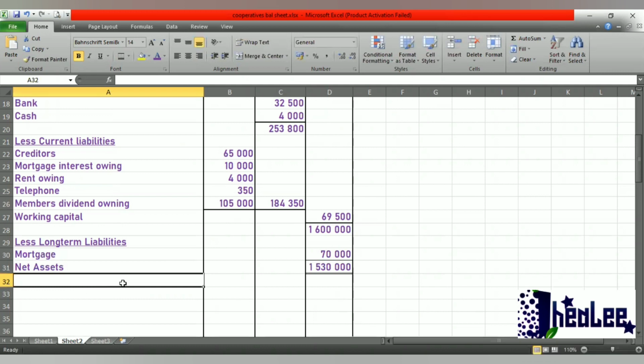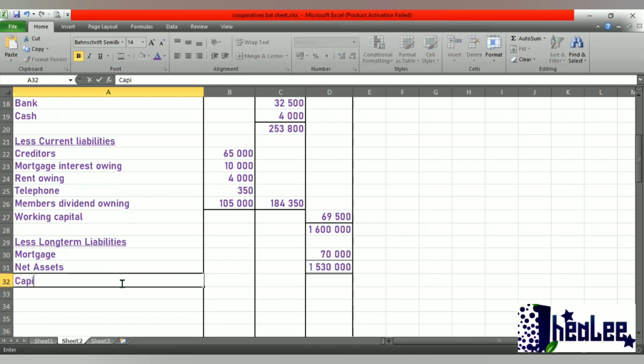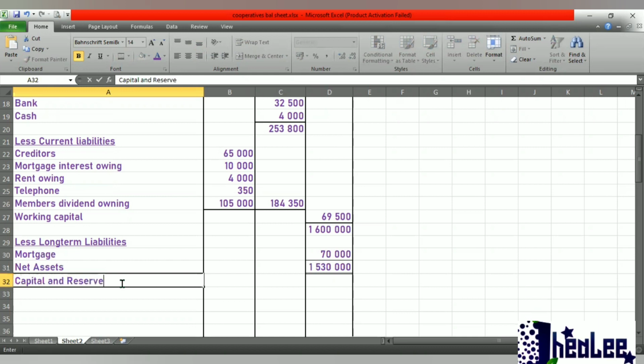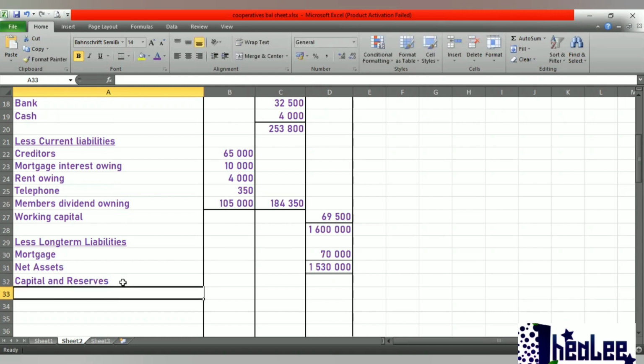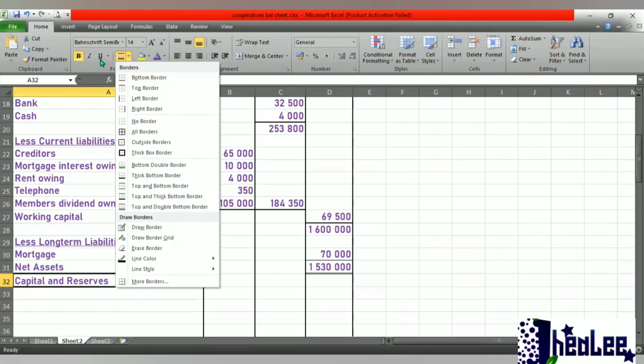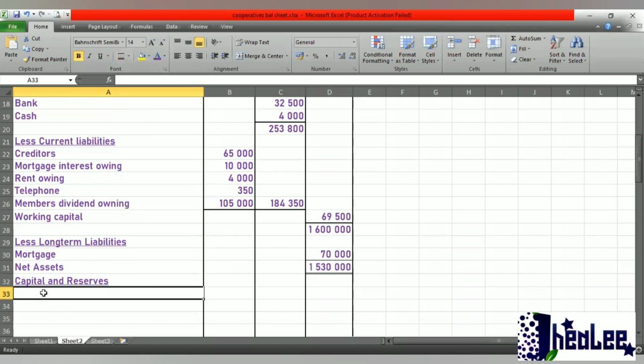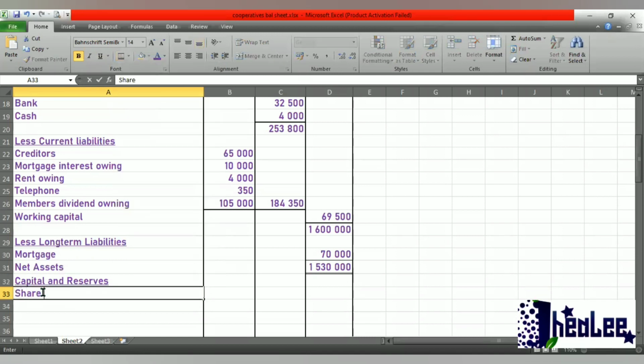Now, our final step of the balance sheet is the capital section and reserves. Remember, this section is quite similar to the limited liability company, and we begin with the share capital.